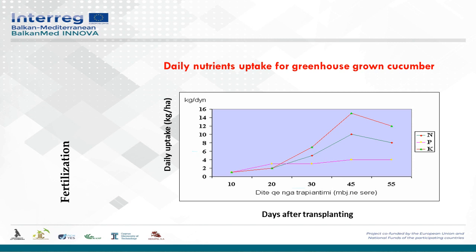But we do not have the same shape for the phosphorus demands, and as you can see from the graph here, it is more or less stable from day 20 after transplanting and on.